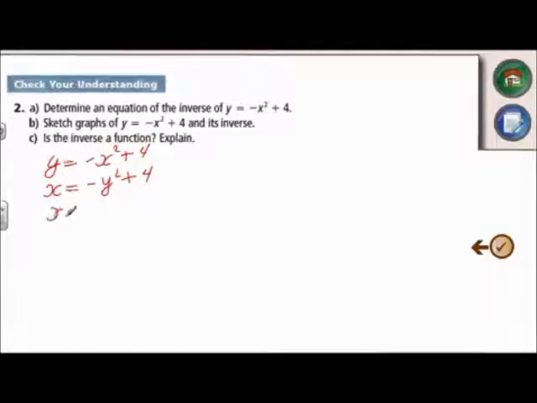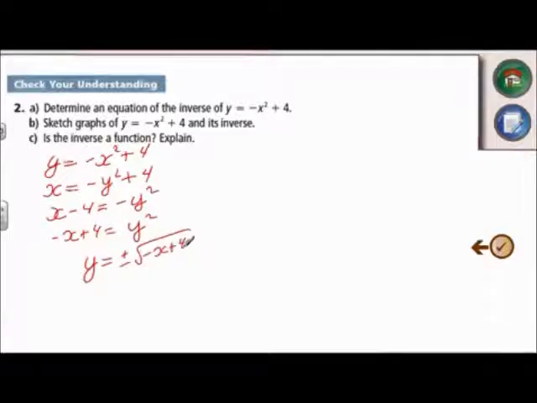Subtract 4. x minus 4 equals -y squared. Multiply over the negative. So we've got -x plus 4 equals y squared. Square root both sides. Don't forget, plus and minus square root, -x plus 4, or 4 minus x, however you want to write it.